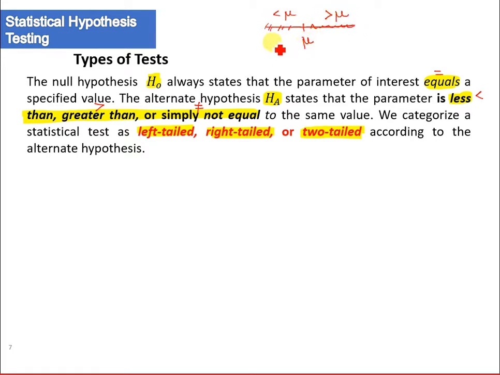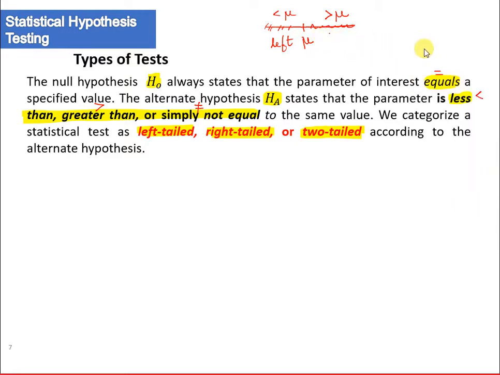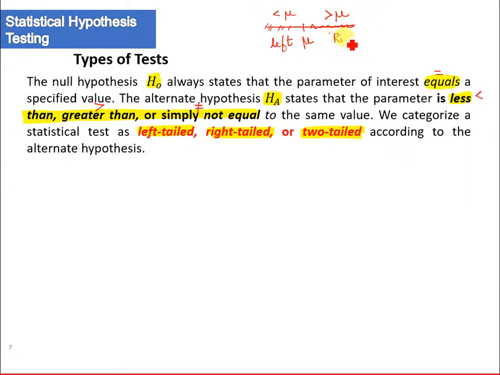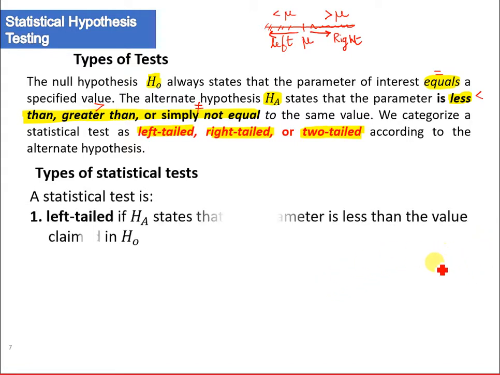This is the left side, and this is the right side. If from mu we are taking the values greater than, we say that it is a right tail test. If we are taking the values less than, we say that it is a left tail test. So this is how the type of statistical test is defined.